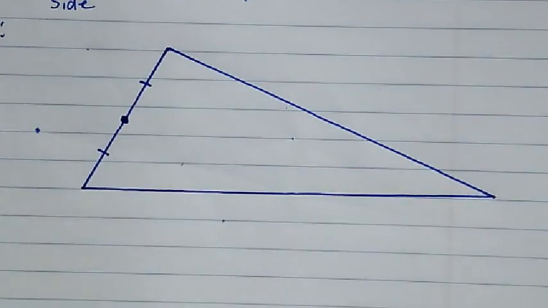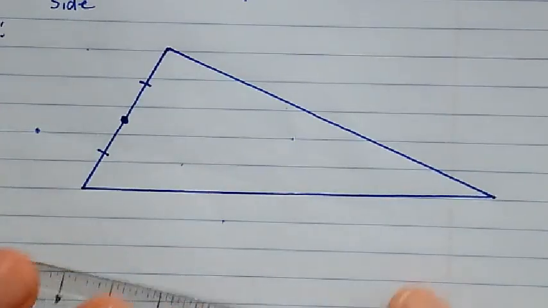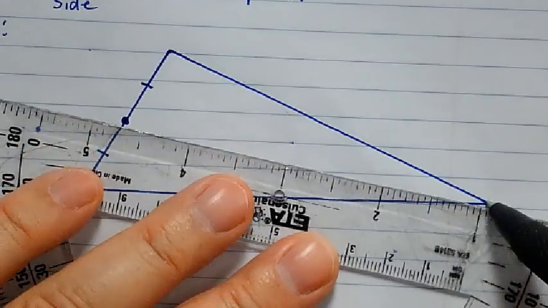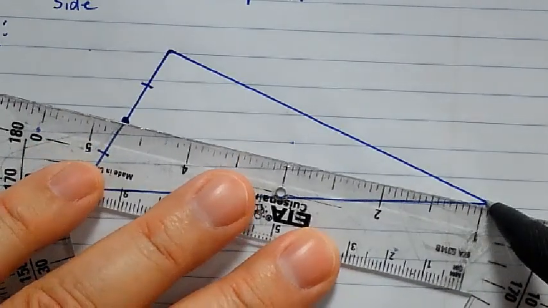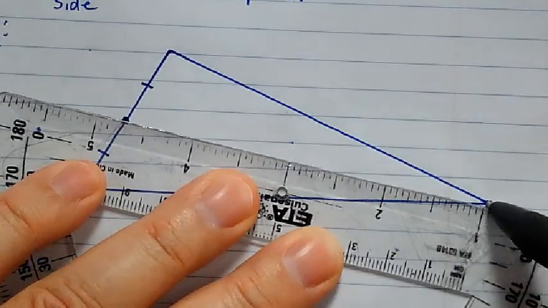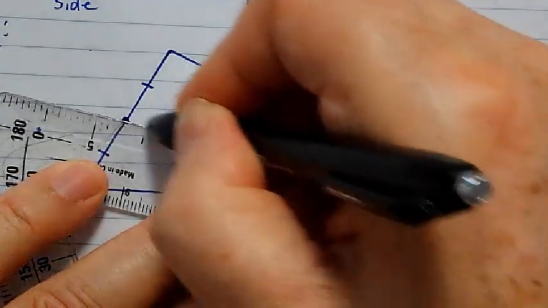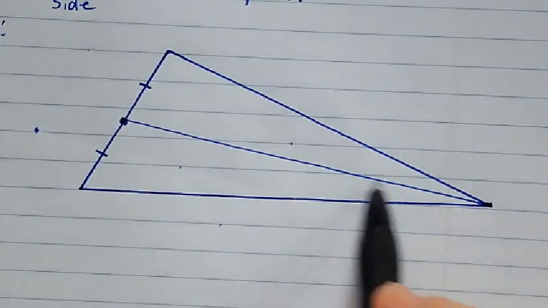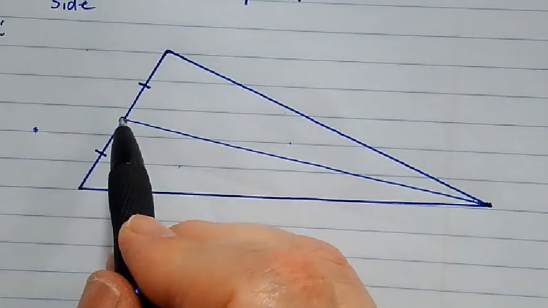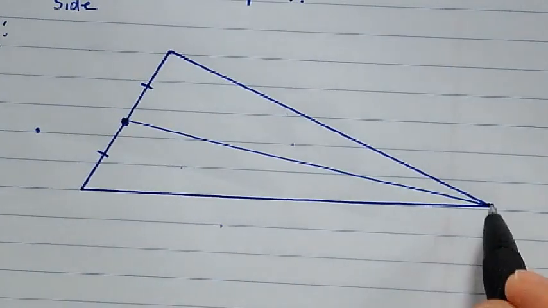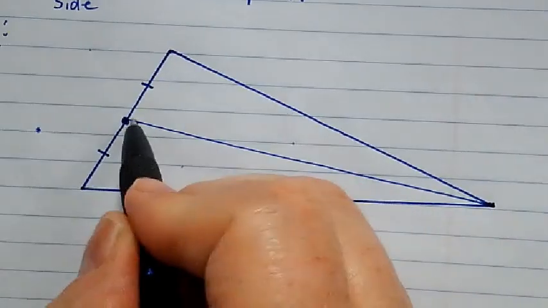But if I were to connect that midpoint to its opposite vertex, or this vertex to the midpoint of the opposite side, see how I just connected the vertex to the midpoint of the opposite side? That's called a median.